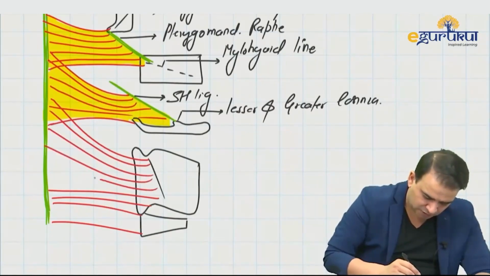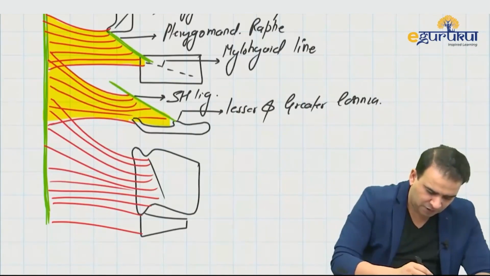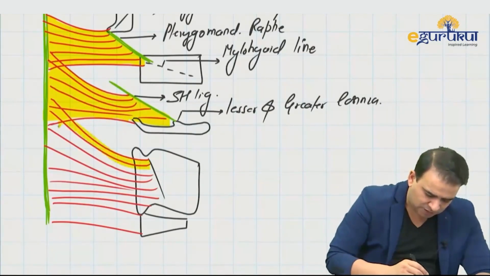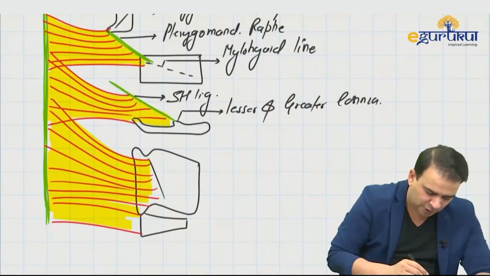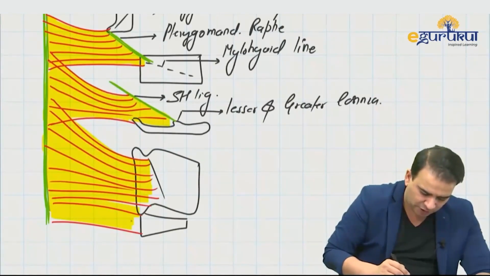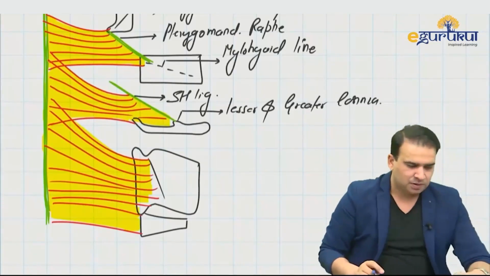That constrictor here is the inferior constrictor with its two parts. I'm not separating them at this point. This is the thyroid and the cricopharyngeus from the oblique line of thyroid cartilage and also from the lamina of the cricoid cartilage. The three constrictors.